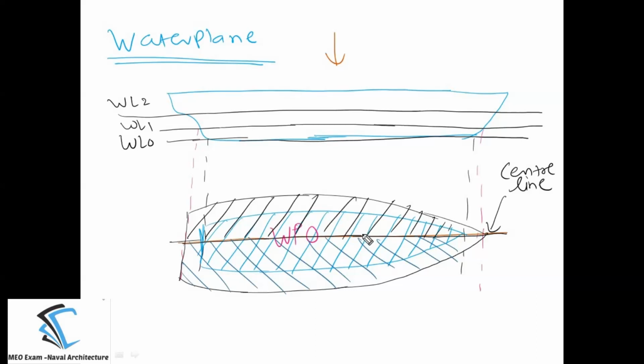So if you do the calculation for only half of the ship to calculate the water plane area, that is enough. You just multiply by 2 finally, and you will get the full water plane area. If you draw it like this, this is one of the water planes, this is only the half part of the water plane, and this is the center line of the ship.